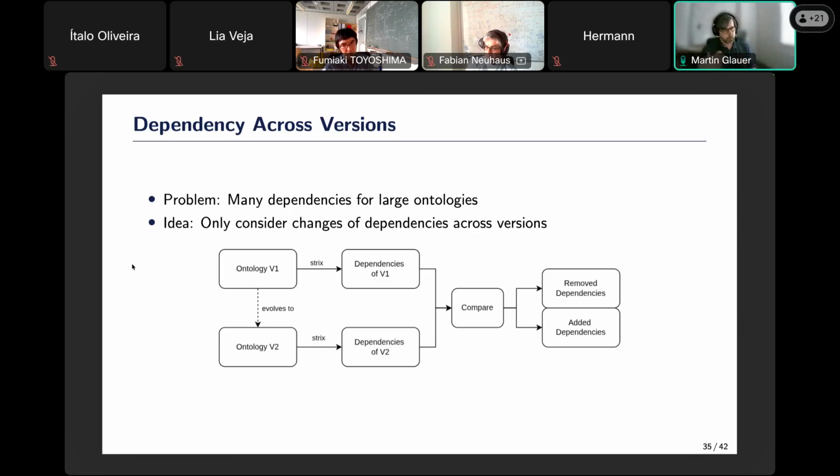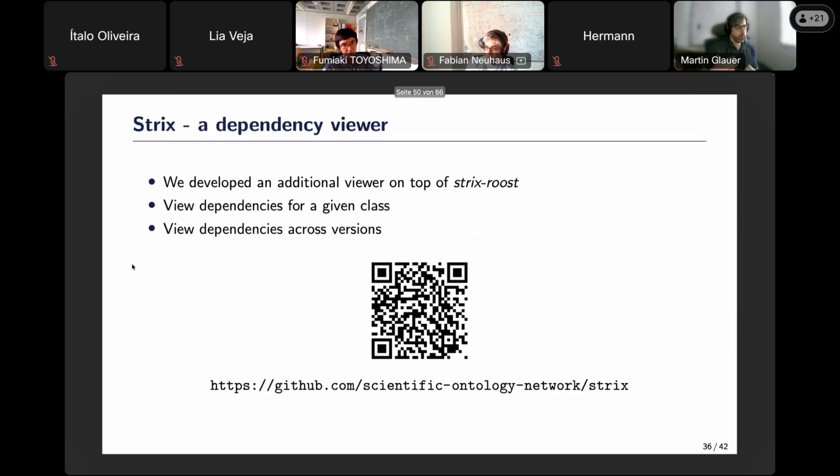Next slide. In order to make this more accessible, we developed a tool for that also, which is basically an ontology viewer that also incorporates dependencies. You can open your ontology, browse your ontology, look at certain classes and see which classes they depend on, and so on.